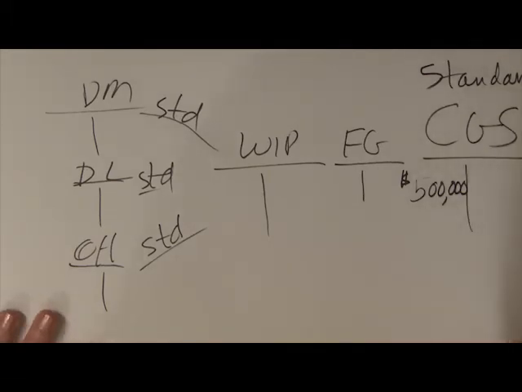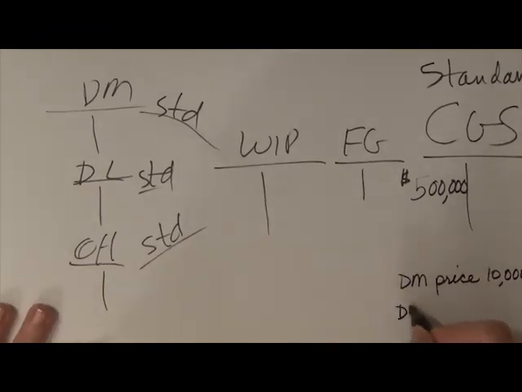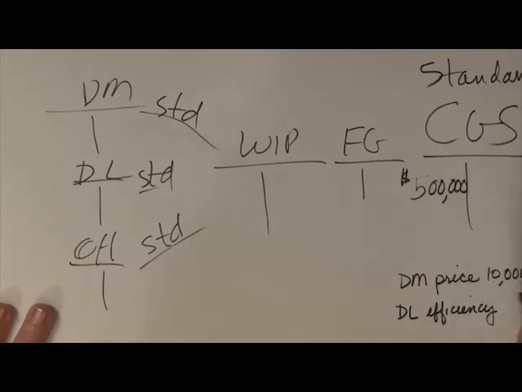And I'll keep this list short, but let's say that we have a direct material price variance of $10,000 unfavorable. And maybe we have a direct labor efficiency variance, and it's $5,000 favorable.